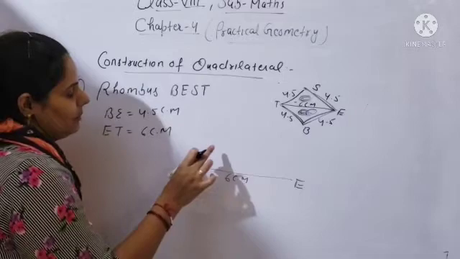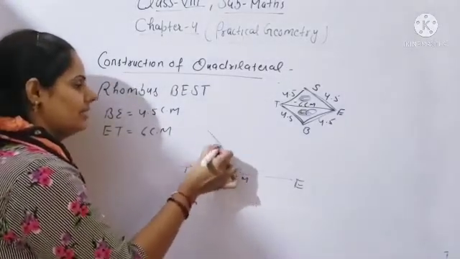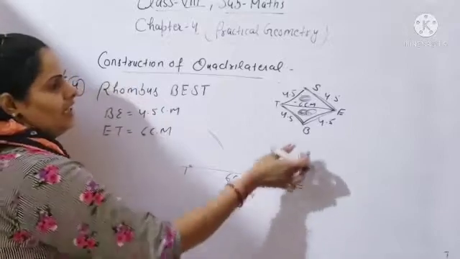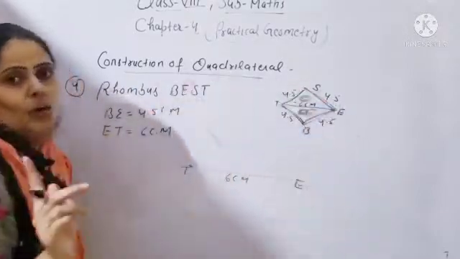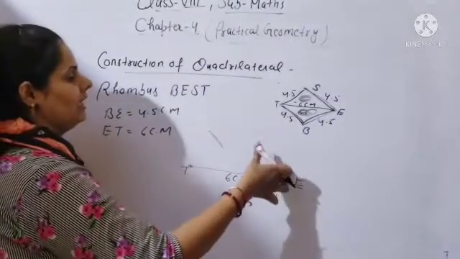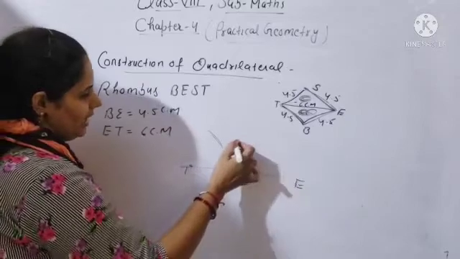Now you put it at point T and draw the arc. Clear? Now same from point E, you will open your compass 4.5 centimeter and draw the arc.